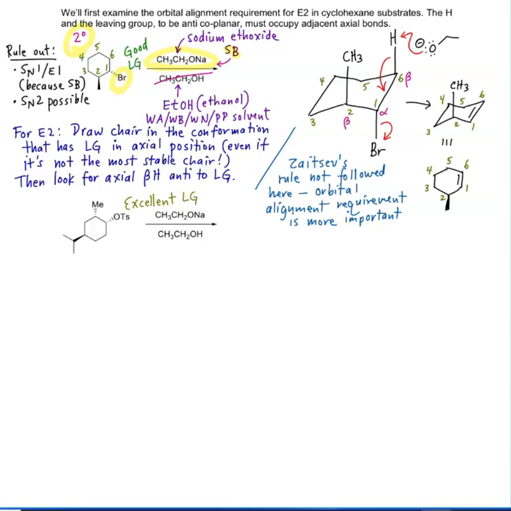It's in a solvent of its conjugate acid, ethanol. So we know to disregard the ethanol and just focus on the stronger reagent, which is the ethoxide ion. So once again, we have something that's a strong base, and so E2 becomes a possibility. The substrate is secondary.